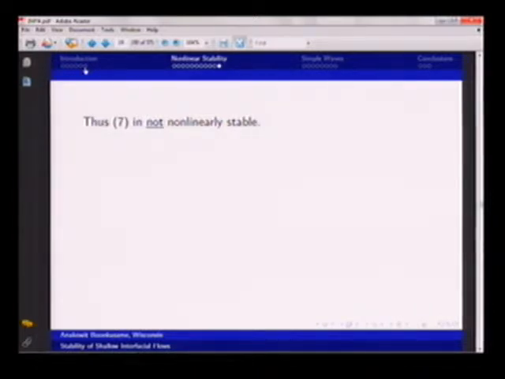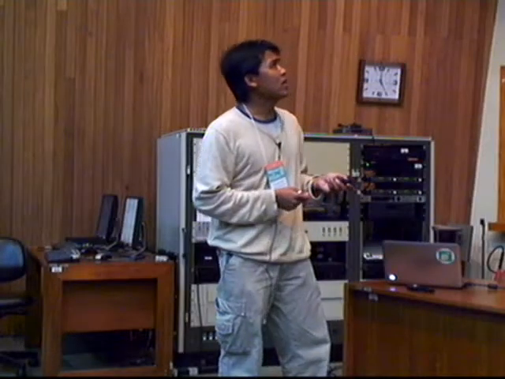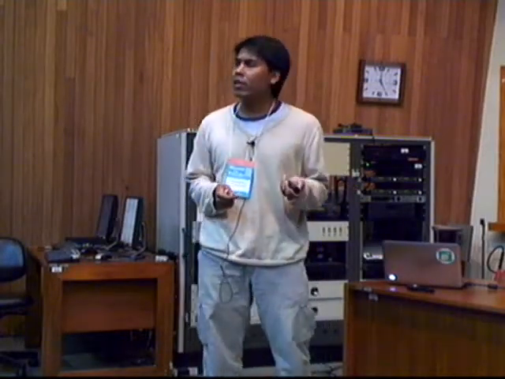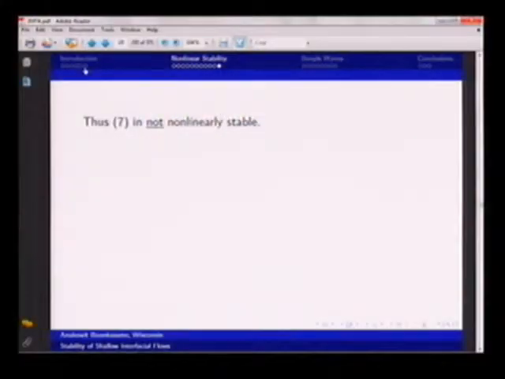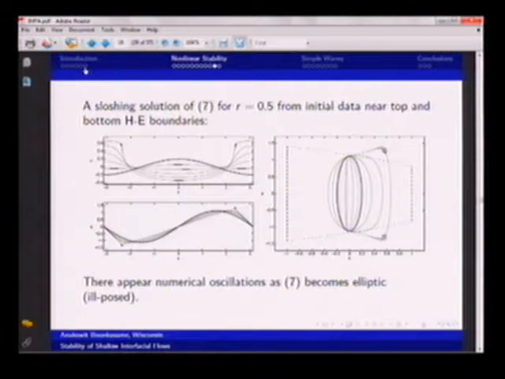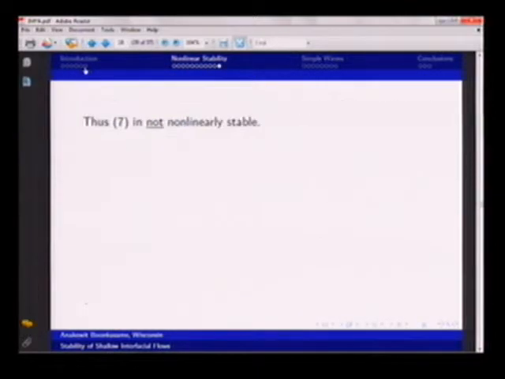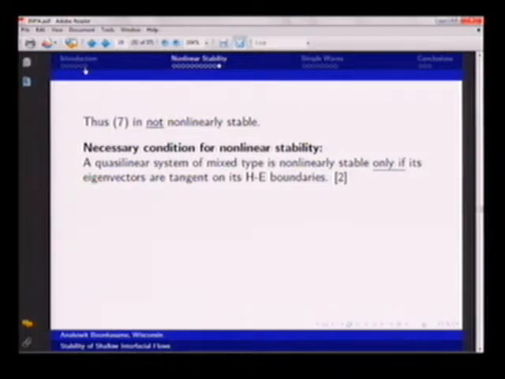Could I have concluded that the system 7 is not nonlinearly stable without finding this numerical example? The answer is yes, because there's another theorem in the second paper that I quoted at the end.